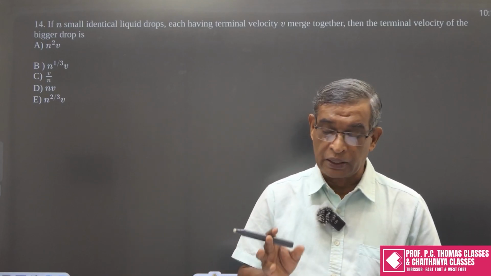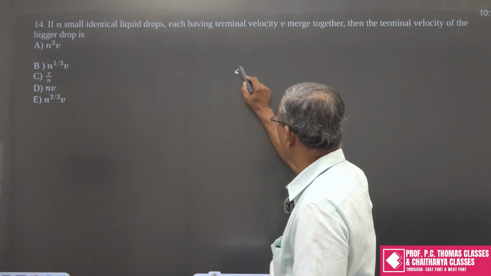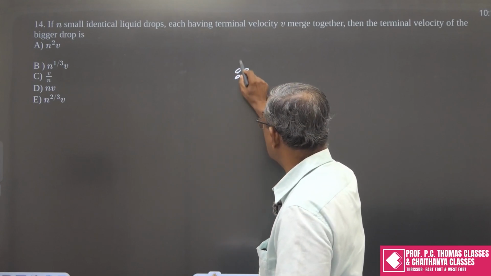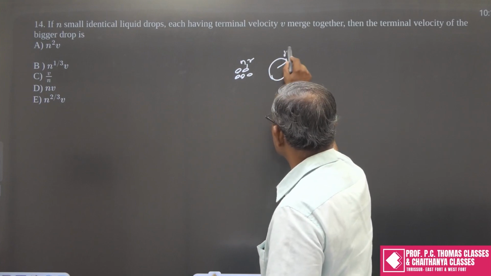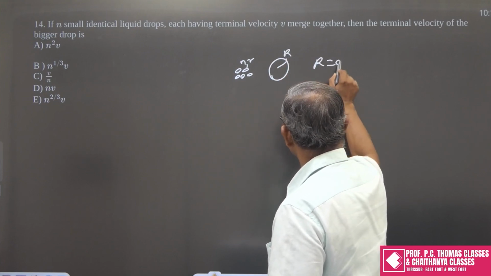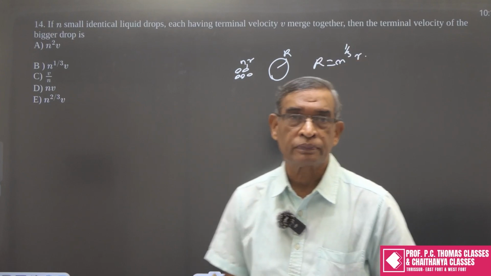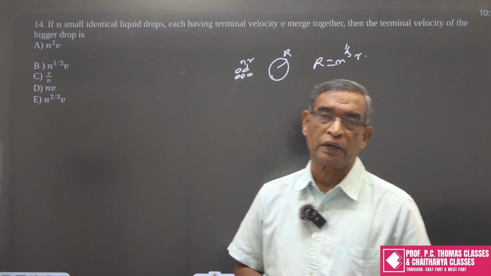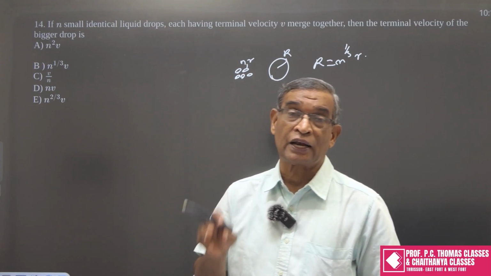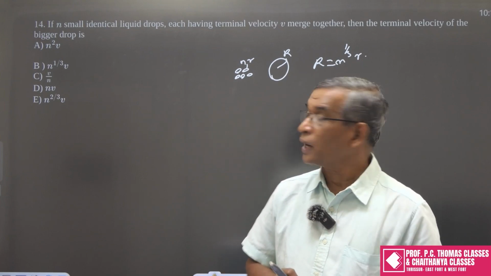There you studied that n number of droplets, each of radius small r, combine to form a large one of radius R. R is equal to n raised to 1 by 3 times small r, where n is the number of droplets combined and r is the radius of each small droplet.